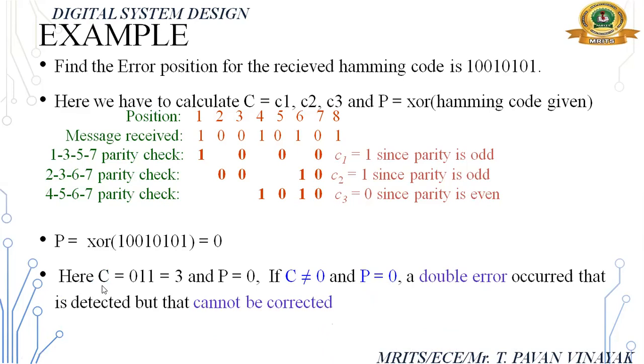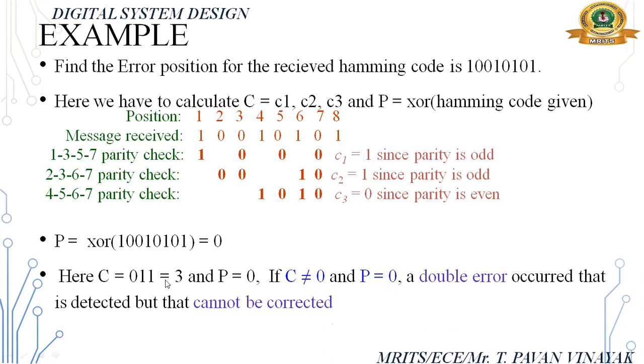Now C. Here C is equal to 0, 1, 1. You have to write in reverse order, so 3. P is equal to 0. Observe the condition. C is not equal to 0 and P is equal to 0 means double error. We cannot correct it.